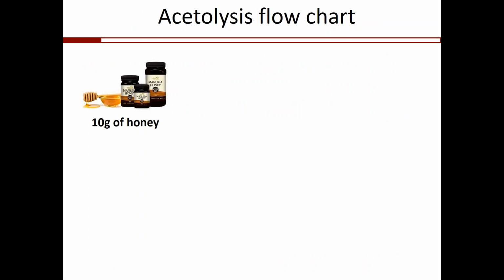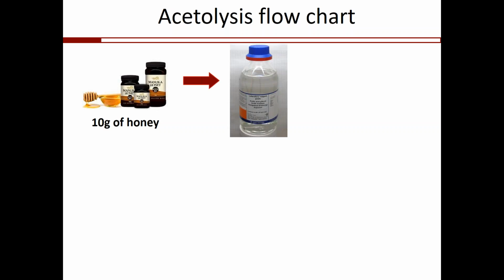So how this works is we first take 10 grams of honey and we dilute it a little bit with warm water. And we add a lycopodium spore, which I'll talk a little bit about later, and add ethanol into the honey. After a series of centrifuging and extracting the pollen from the honey, we add some glacial acetic acid.